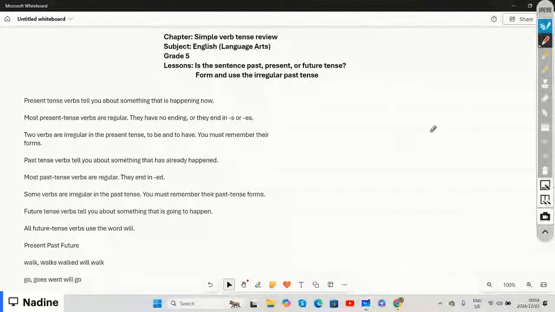The lessons that we are going to be focusing on under the chapter of simple verb tense review are: is the sentence past, present, or future tense?